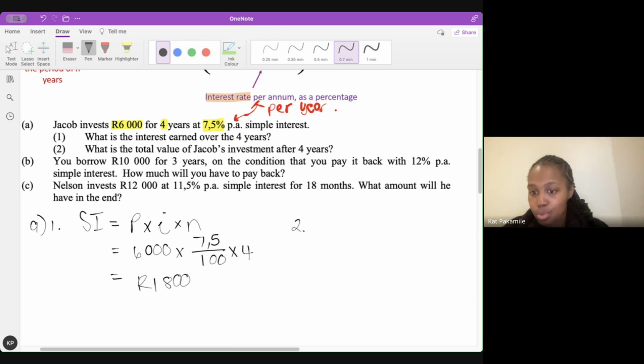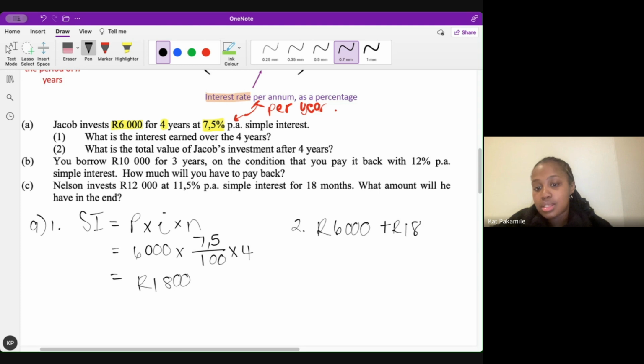It's the second formula. Beautiful. But because we already have the interest, we don't have to go through all of that. We can literally just say 6,000 rands plus 1,800 rands, and this will give me 7,800. So after 4 years, Jacob now has 7,800 rands in total.